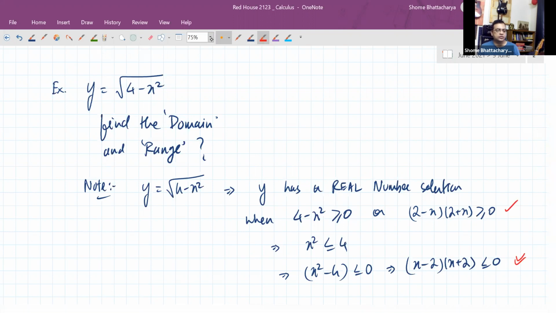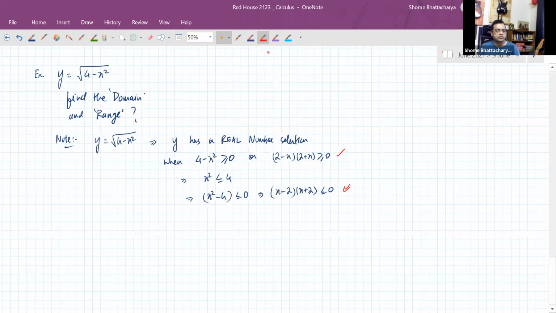Now we can solve either of the two by the number line method. If I'm solving this one, I can see that minus 2 and 2 will become critical points, because for the factor x minus 2, anything of x less than 2 is negative, and anything of x greater than 2 makes it positive. And for the factor x plus 2, anything of x less than minus 2 means it's negative.